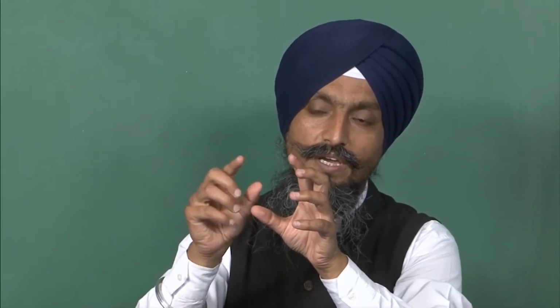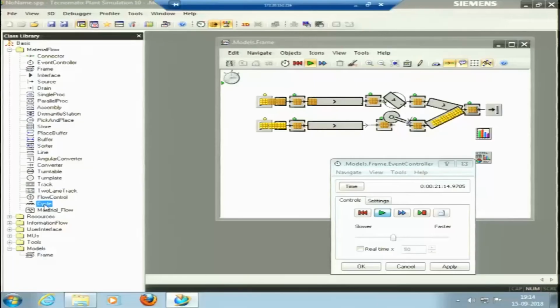What flow control can do is control that one piece goes here, another piece here, the second piece here, the third piece here. Whatever lines are external to this O, the flow control can control which line is requiring my material now. So it can control the flow in that way.